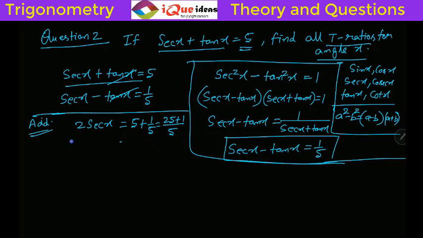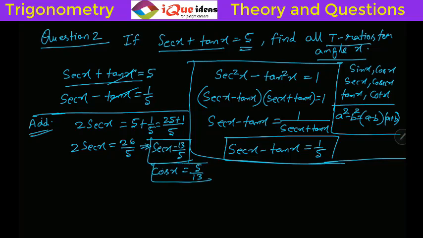So 2 sec x is equal to 26 by 5. If you divide by 2, you get sec x is equal to 13 by 5, right? So from there you can directly see that cos x will be the inverse of that, that is 5 by 13. From here itself we can find the other ratios.